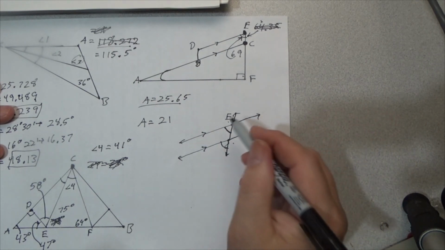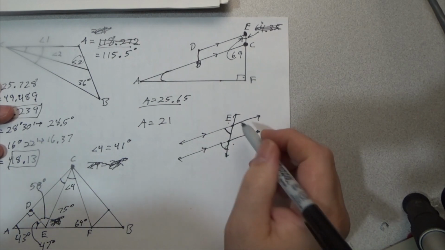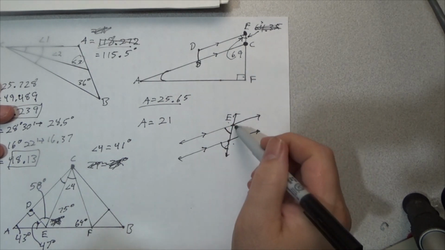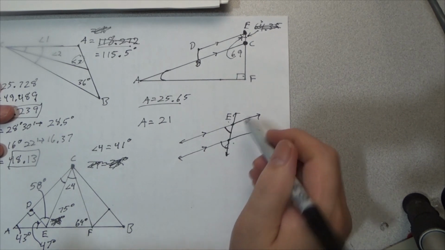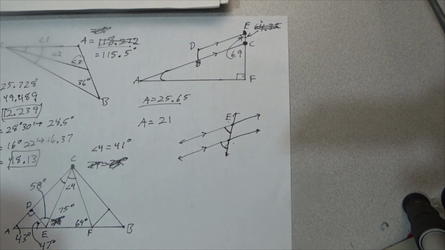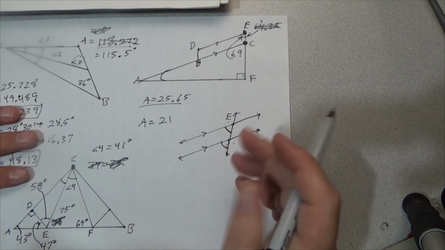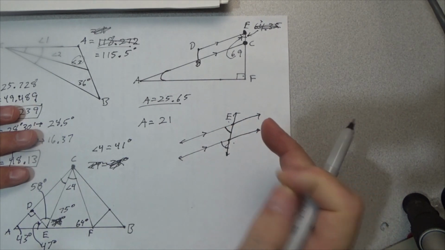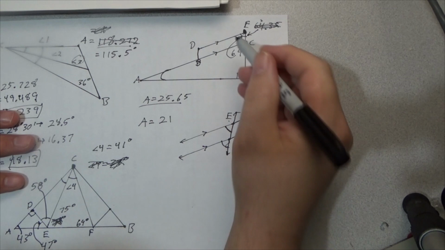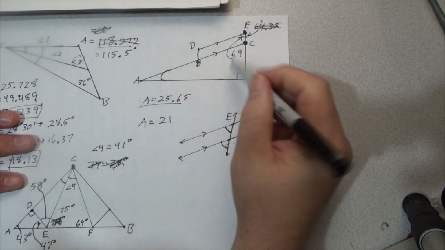You can always extend one to help you to see these kinds of things. But once we understand about corresponding angles and alternate interior and all those other kinds, this problem is not that difficult, because we know that in every triangle, the angles add up to 180. So once we understand that this angle and this angle are the same, then we can just add them up.